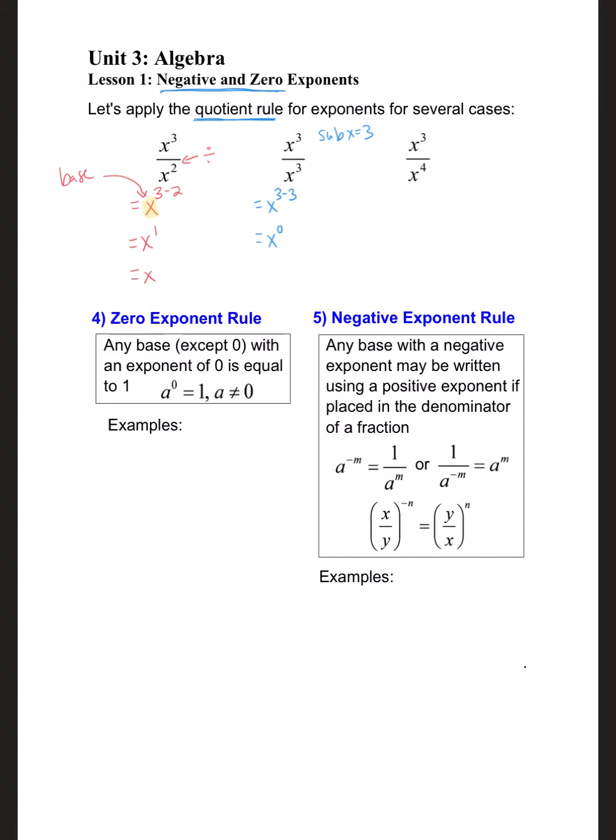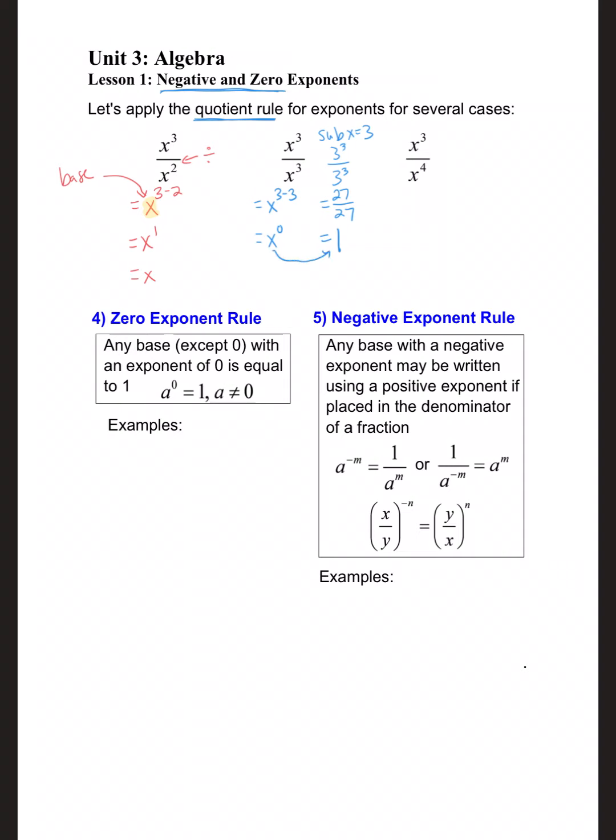So if we have 3 to the power of 3 divided by 3 to the power of 3, well, 3 to the power of 3 is 27, and we have that in the denominator as well. That means division. Well, what's 27 divided by 27? It equals 1. So that's telling me that whatever I plug in for my x values, it's going to equal 1.